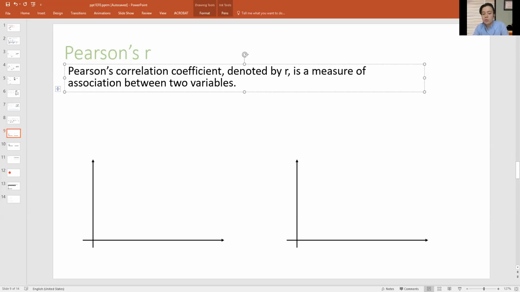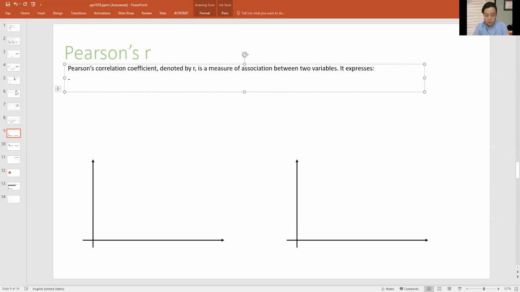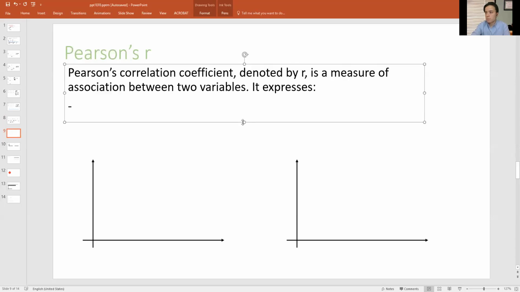The advantage of Pearson's correlation coefficient is twofold. It actually expresses two properties of the association between the variables. First, the strength of the association, which goes from 0, which is no association, to 1, which is perfect association.